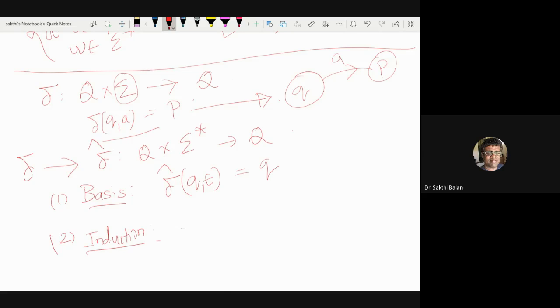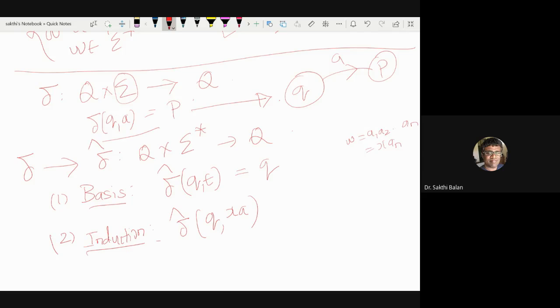So delta cap of Q comma XA, where XA is a string, X is a prefix and A is one symbol. So for example, if I'm taking the string A1, A2, ..., AN, I'm taking it as XAN.